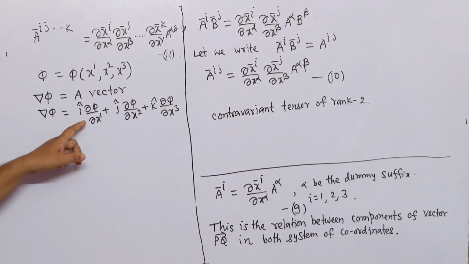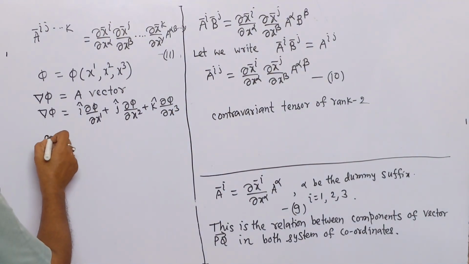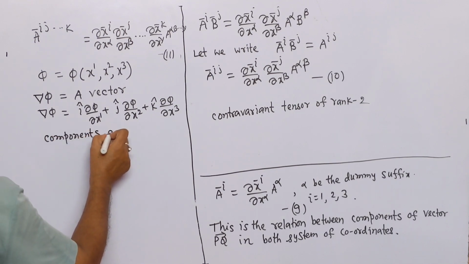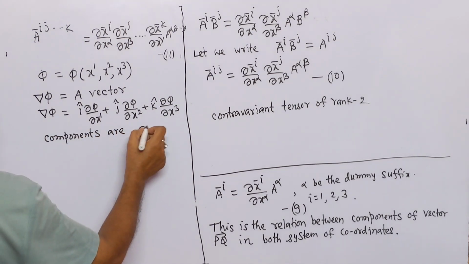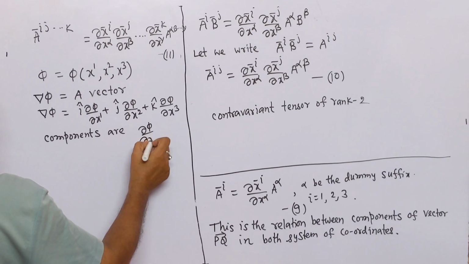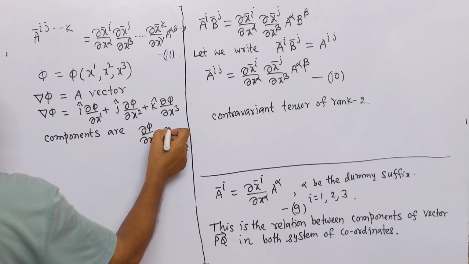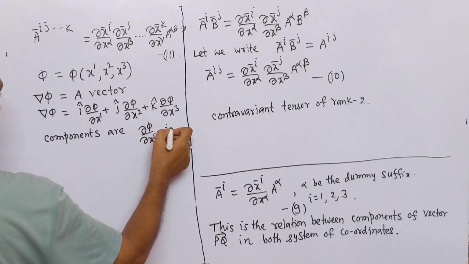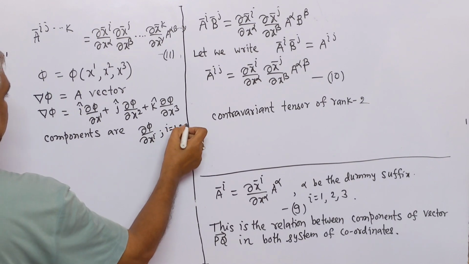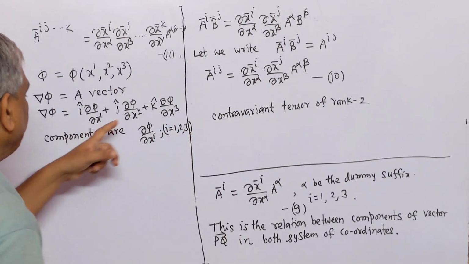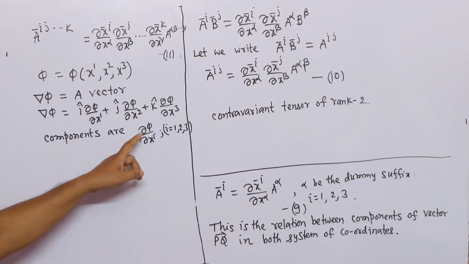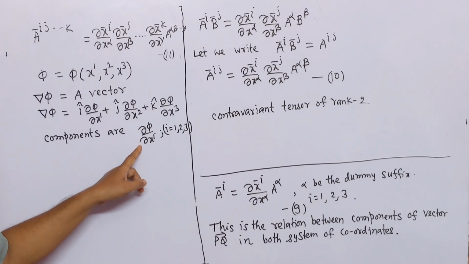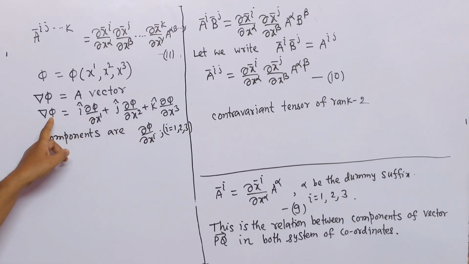Here the components are del phi by del x i, with i equal to 1, 2, 3. So 3 components. These components are components of a vector.